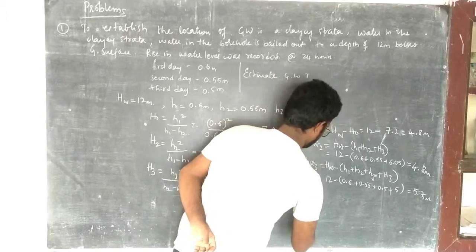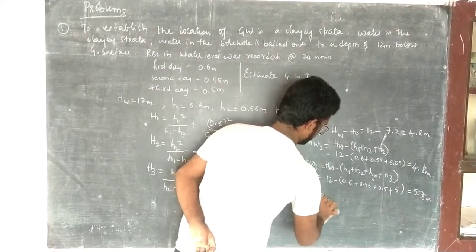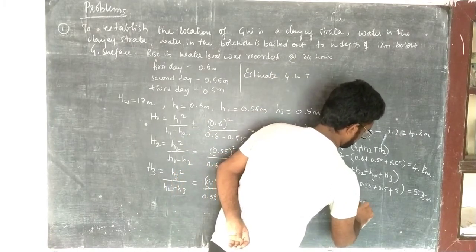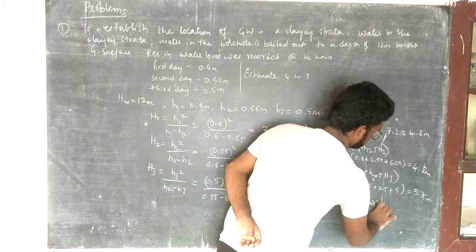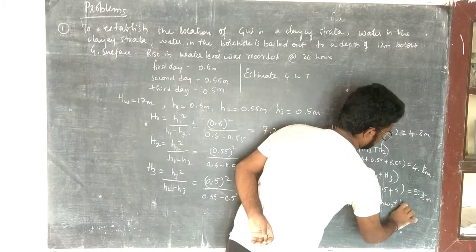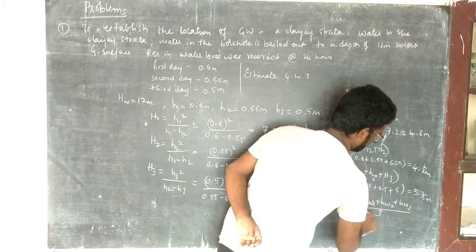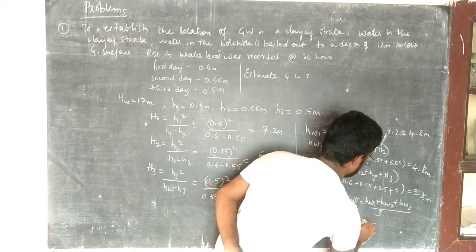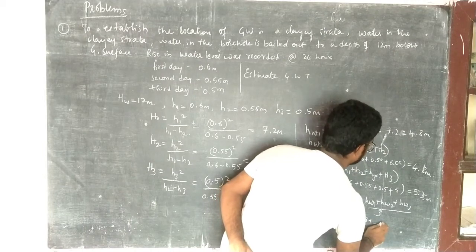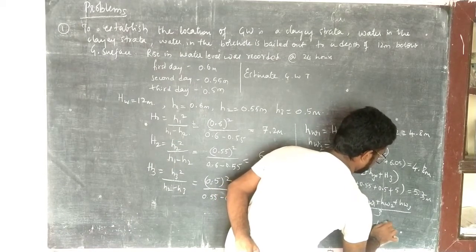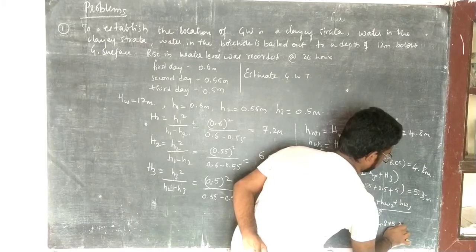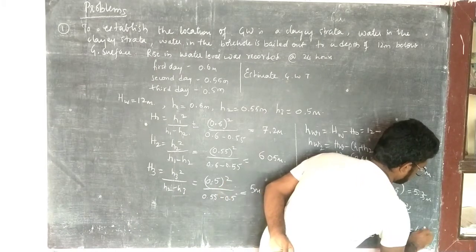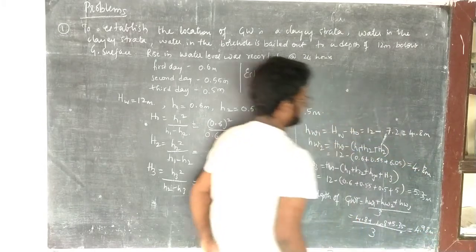Now the depth of groundwater table is equal to HW1 plus HW2 plus HW3 by 3, which is 4.8 plus 6.05 plus 5.35 by 3, which is 4.98 meter.